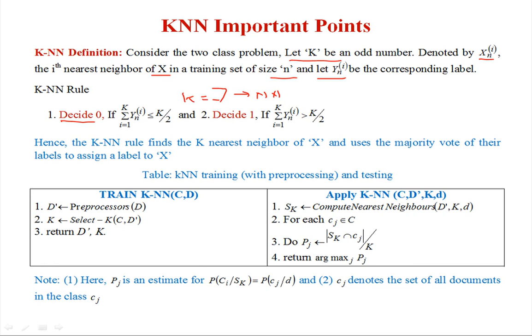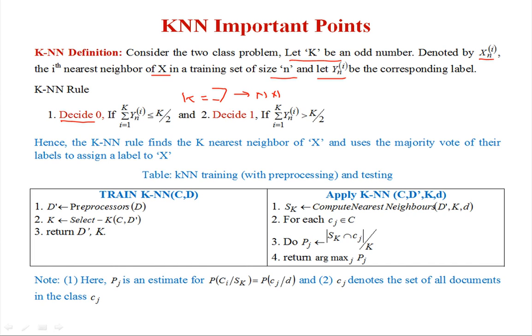K is equal to 7, then if the number of documents in the nearest neighbors is less than 7 by 2, we will decide that the document is not related to the class of y. Similarly, if it is greater than 7 by 2, then we will decide that it is part of that class.